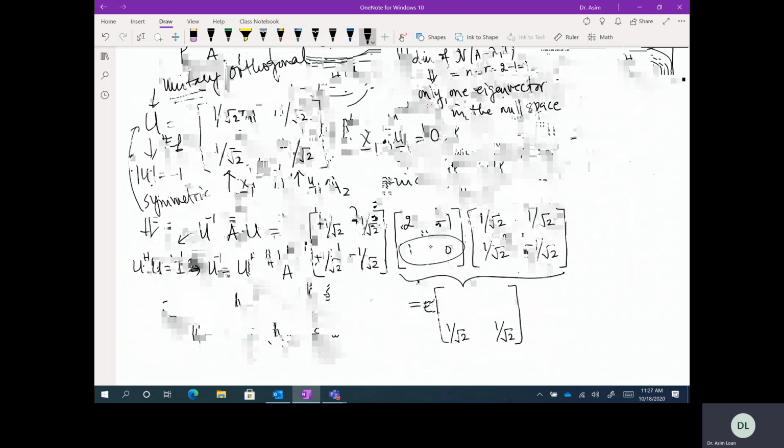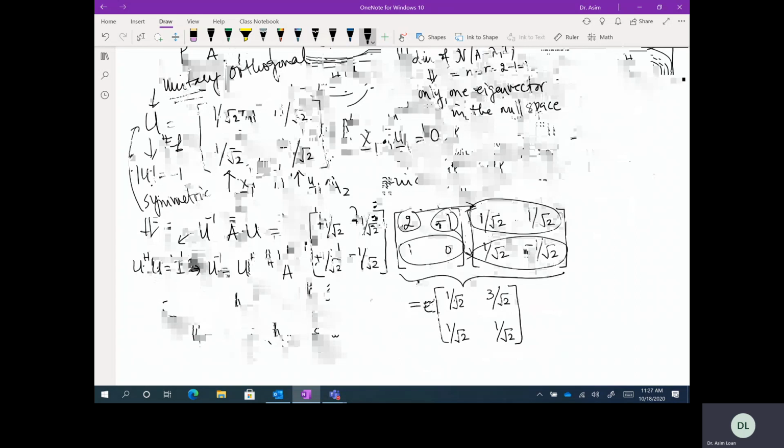There is no contribution of the second row. From here, I have 2 over under root 2, minus 1 over under root 2, 2 over under root 2. The first row is multiplied by 2, the second row is multiplied by minus 1. So 2 minus 1, it's 1 over under root 2, and then I have 2 over under root 2 plus 1, so this is 3 over under root 2.